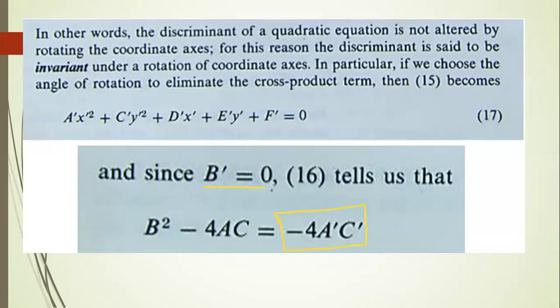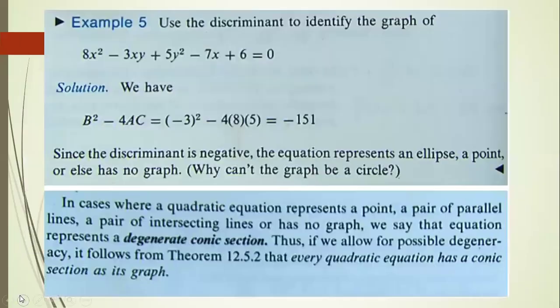So with those two equations in mind, we move forward. An example of this is, let's say we have 8x squared minus 3xy plus 5y squared minus 7x plus 6 is equal to 0. And the question says, use the discriminant to identify the graph.